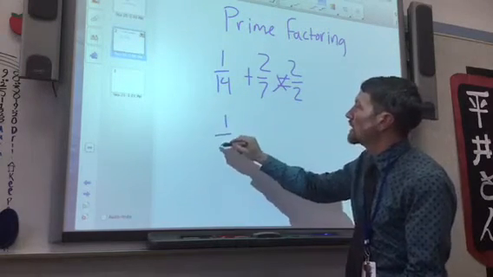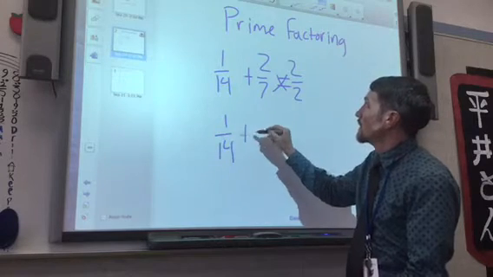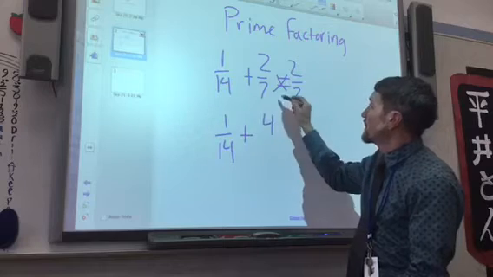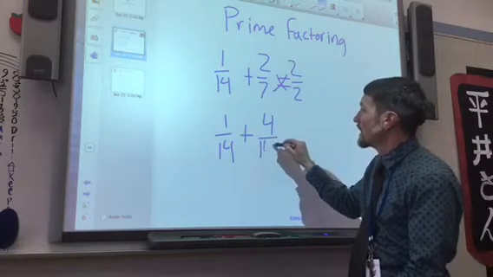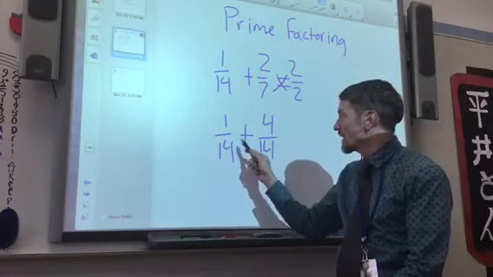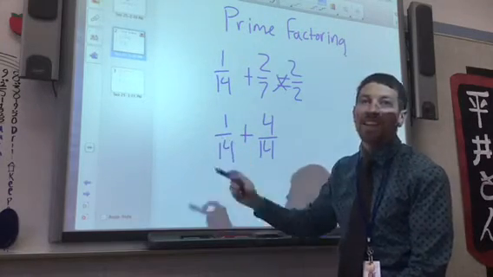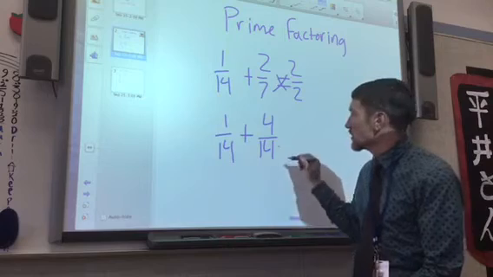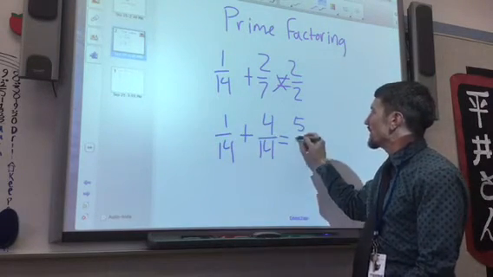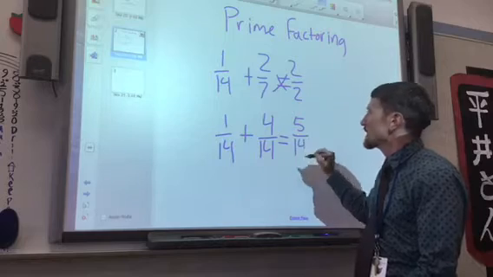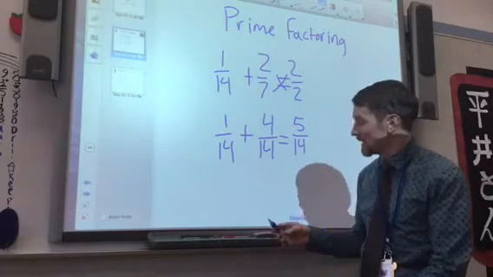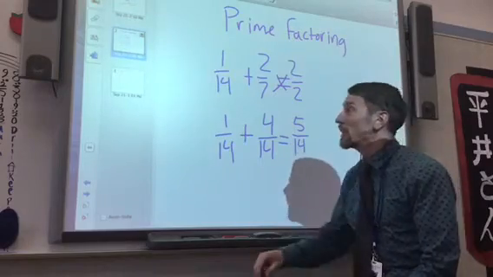I've got 1/14 plus, and then 2 times 2 is 4. 7 times 2 is 14. Now that I have a common denominator of 14, I can add the top and get the solution to the problem. 1 plus 4 is 5/14. Because I have an odd number in the numerator, I can't reduce this fraction anymore.